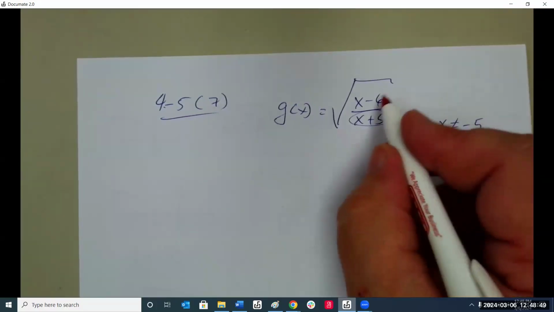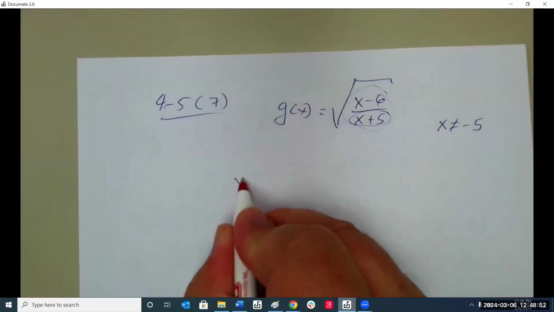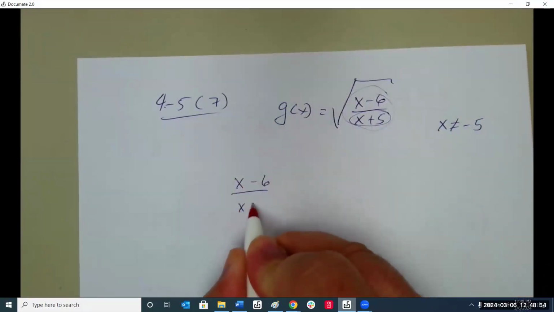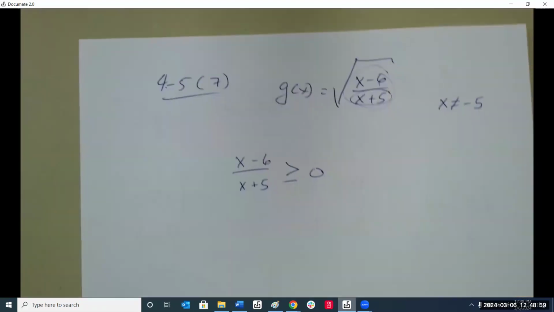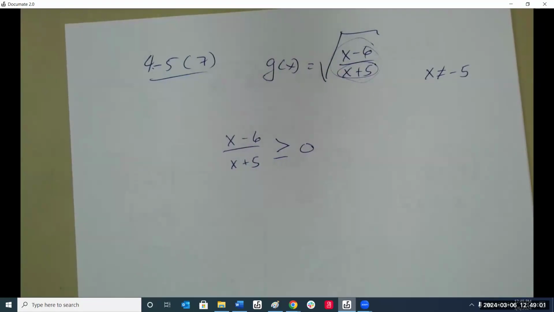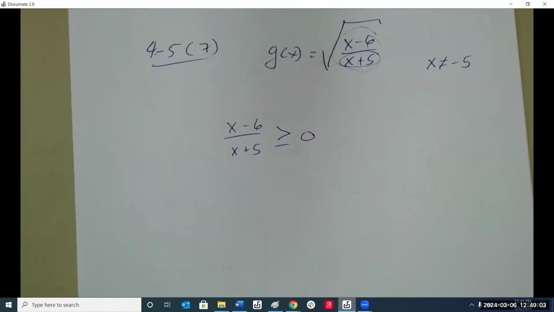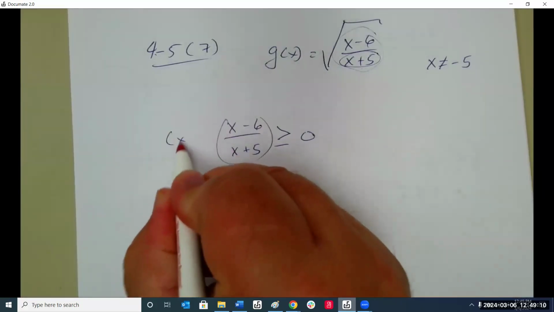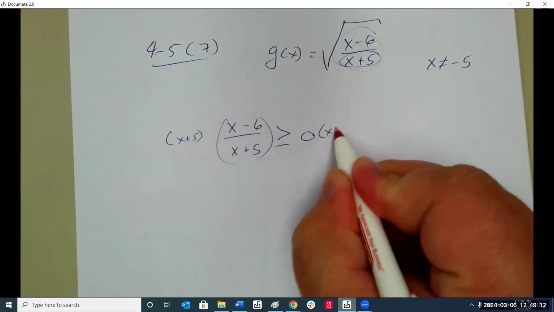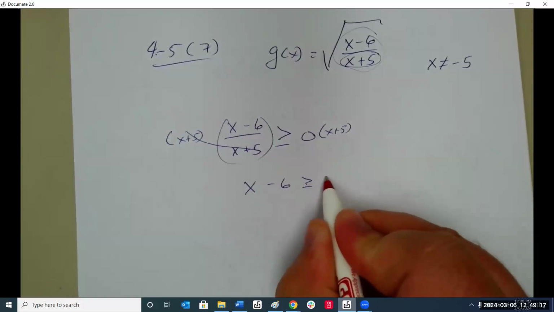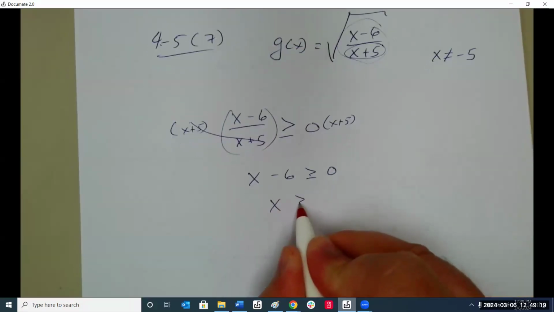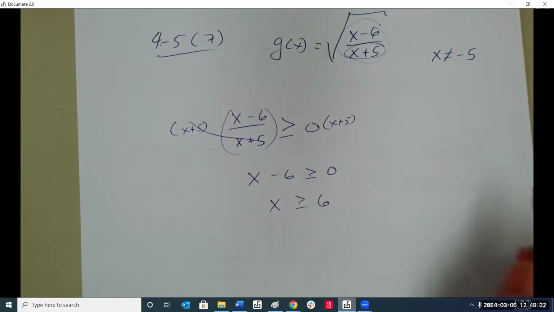What's another thing we know? That this expression here has to be greater than or equal to 0. So where is it greater than or equal to 0? If we multiply both sides by x plus 5, x minus 6 is greater than or equal to 0, x is greater than or equal to 6.